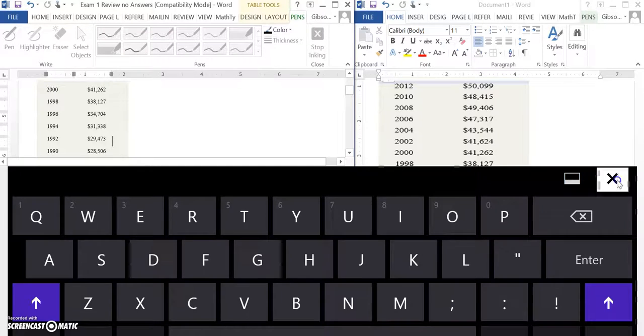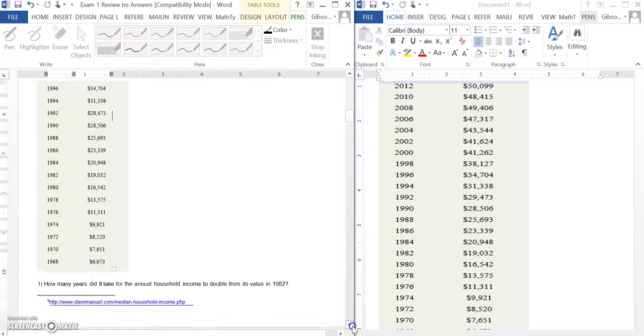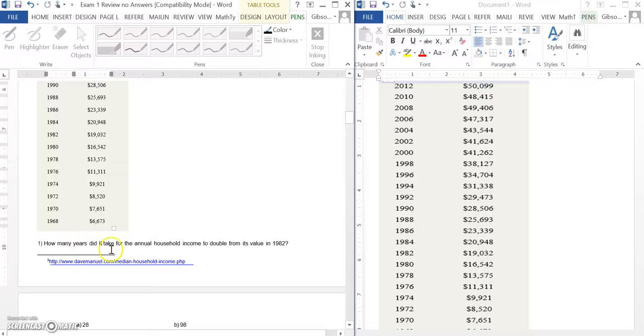Now, you scroll down here. It says, how many years did it take for the annual household income to double from its value in 1982? So first of all, we need to find the value in 1982. The value in 1982 is 19,032. So what we have to do here, we can use our calculator.